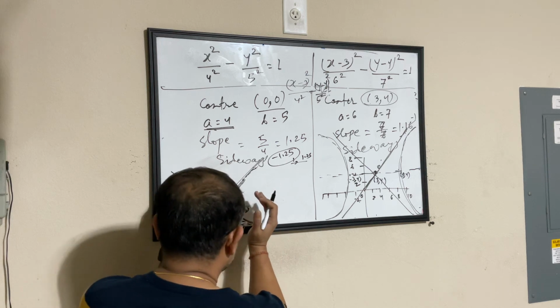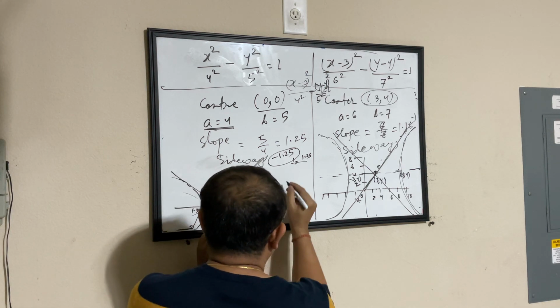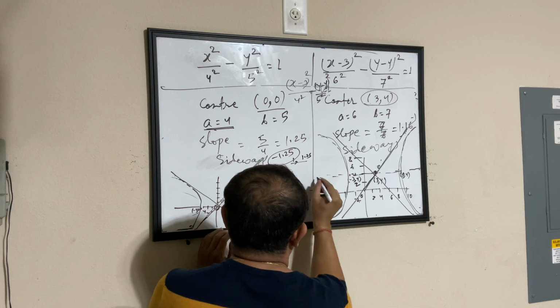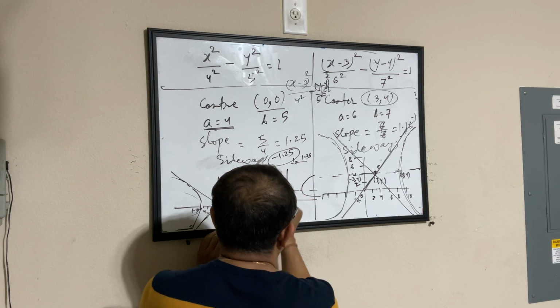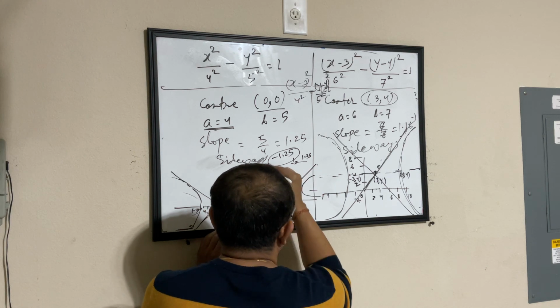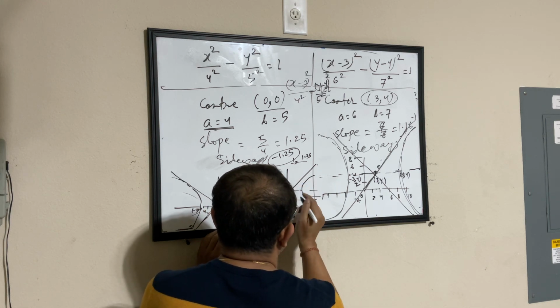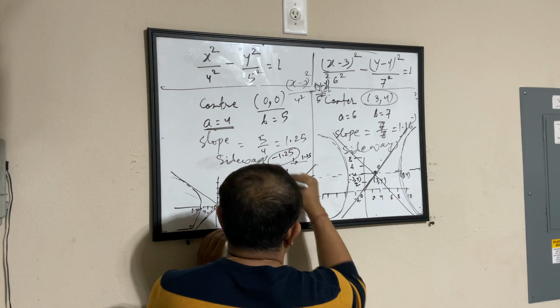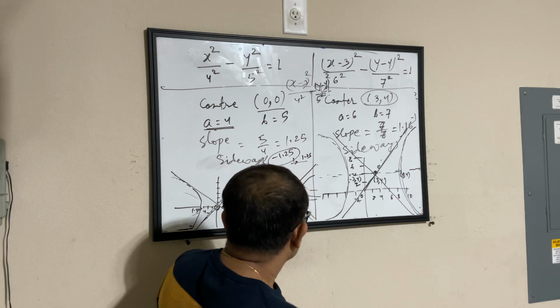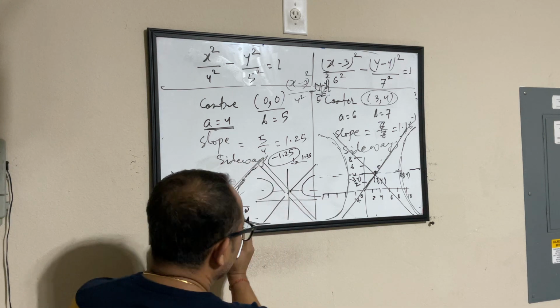So the whole thing which was here would have shifted on the coordinate plane like this. Not here, maybe here. The asymptote would have been here somewhere. And you would have seen how it is shifting.